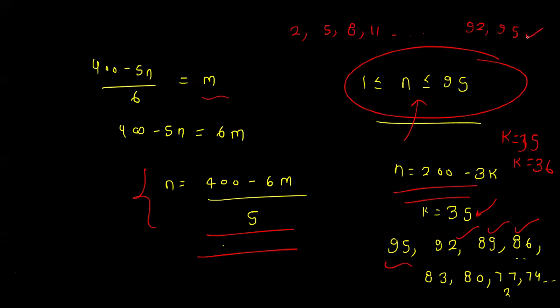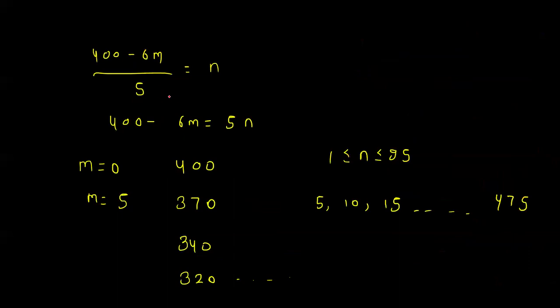So these are the possible values of n for which this thing should be an integer, and from here we can get different values of n in this way. We can multiply by 5 here, so it becomes like this. If you put m equal to 0, from here you get 400 is equal to 5n, so n is 400 by 5, which is 80.